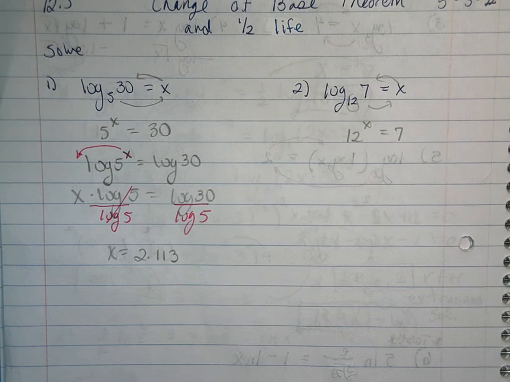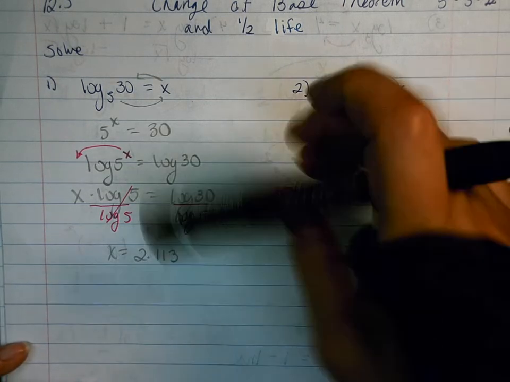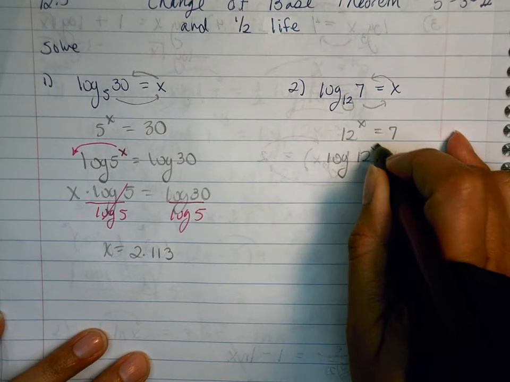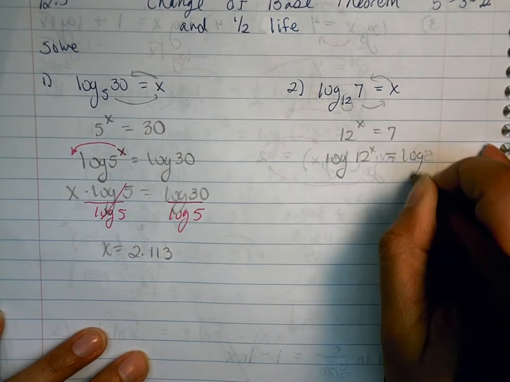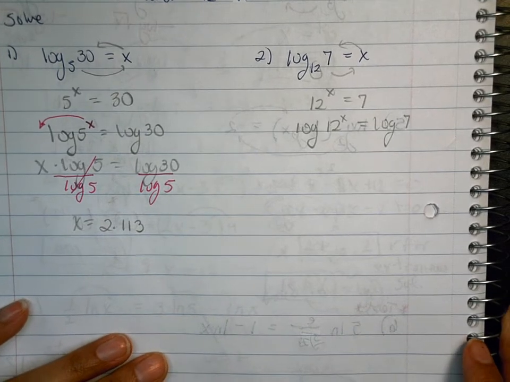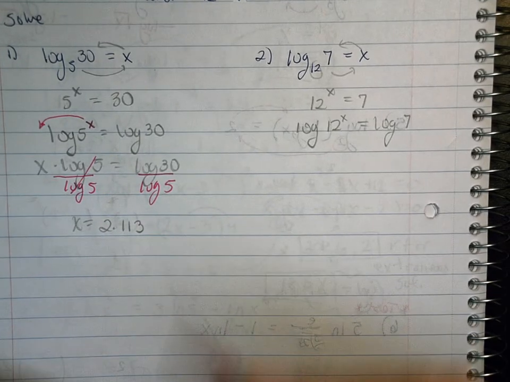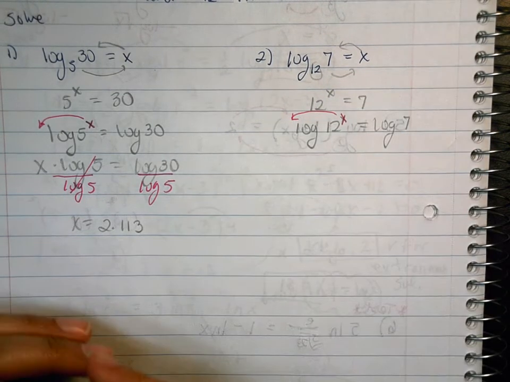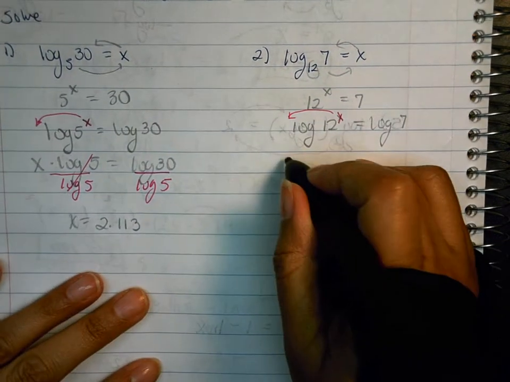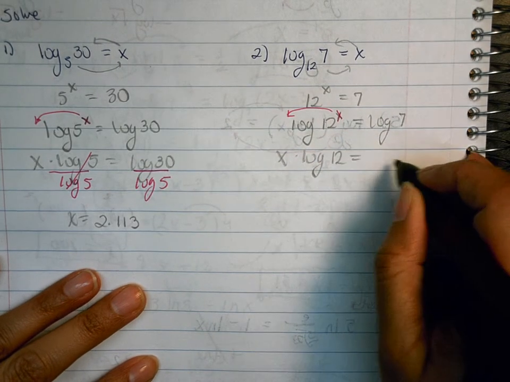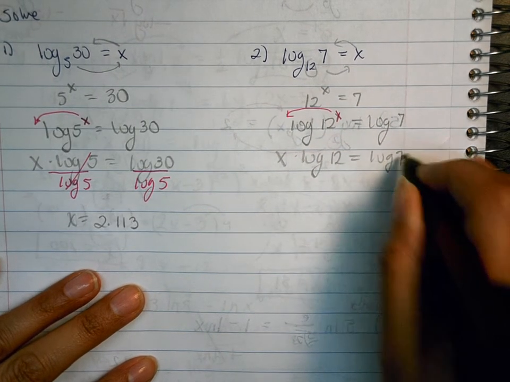So what can I do to get the exponent down? I take log of both sides. Log of 12 to the x equals log of 7. The whole reason I do this is to be able to take this exponent down as a coefficient. x times log of 12 equals log of 7.